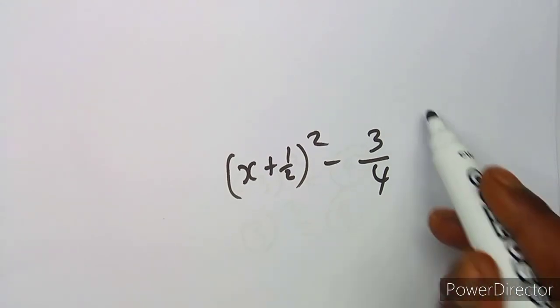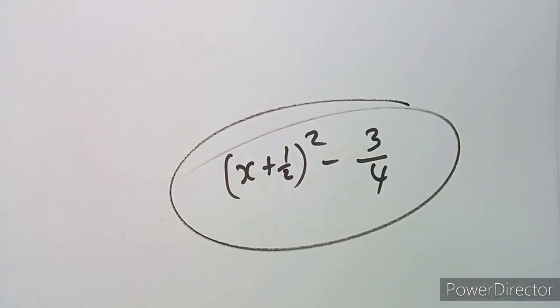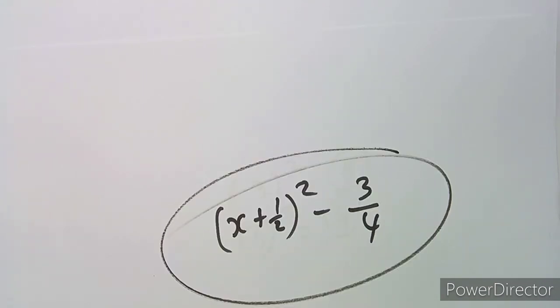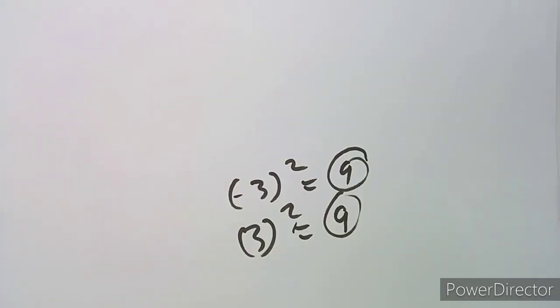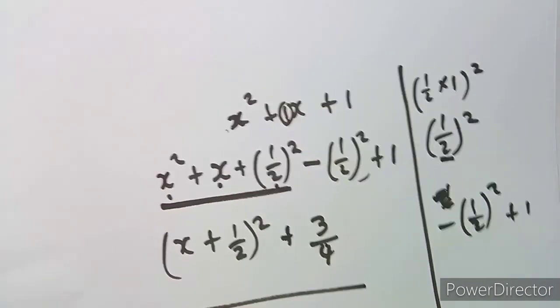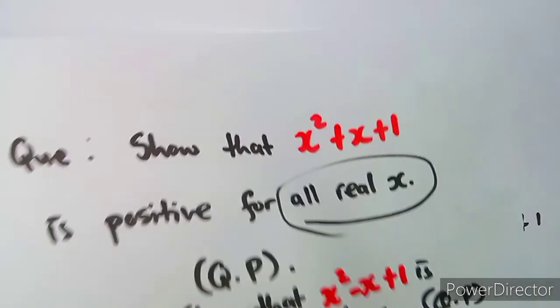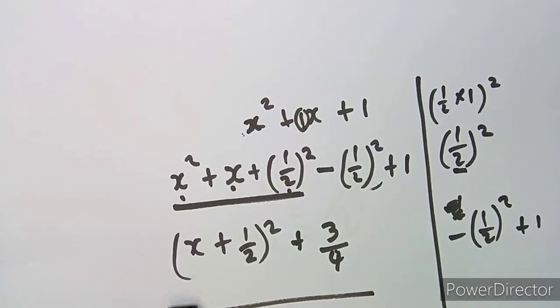So here I can't give a guarantee that this is going to be positive. So this one is actually not the one that we're talking about, but this one is the right one. According to what we had, it's positive, because the question is to prove that this is going to be positive for all x. So any value of x here, it is going to be positive.